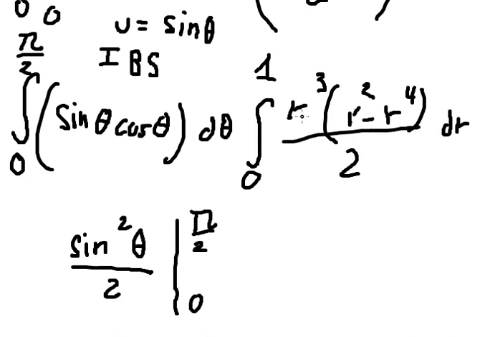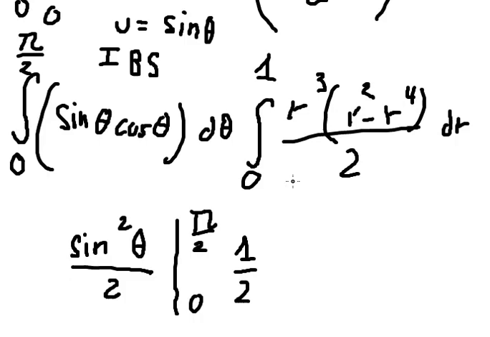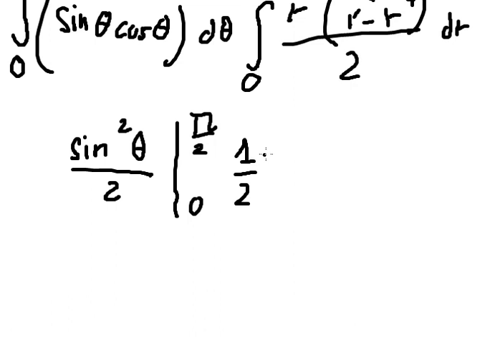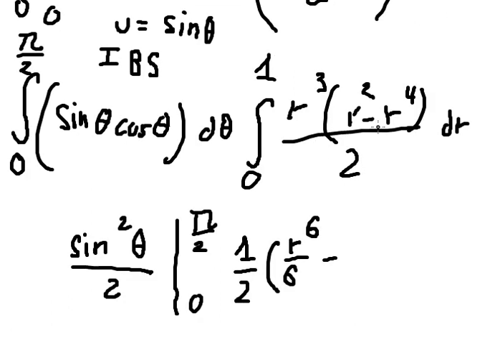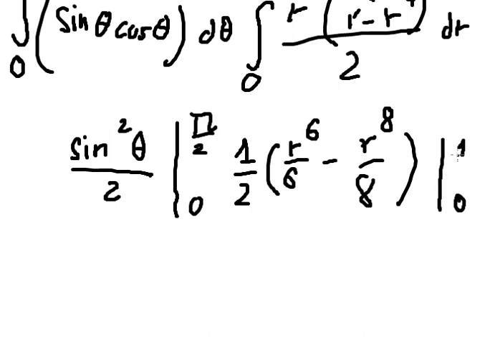So r to the power of 3 with r squared, I will put 1 over 2 outside. The integration of r to the power of 5 is r to the power of 6 over 6, minus this one, that is 8. And then we put the bounds from 0 to 1.